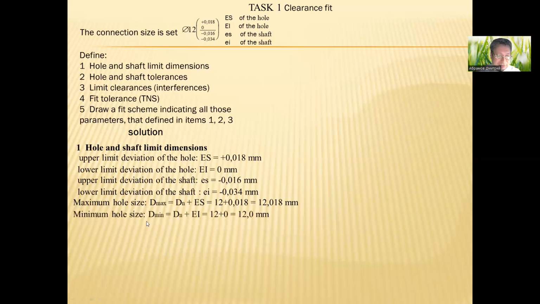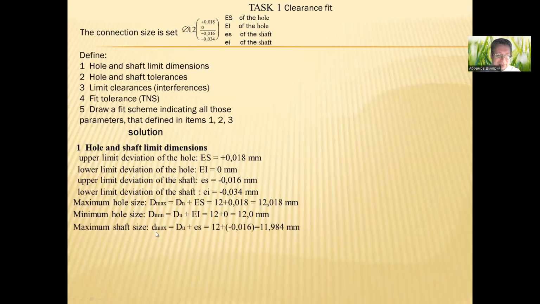Minimum hole size. D minimum is equal D nominal plus lower limit deviation of the hole, big EI. And we have 12 plus 0, big EI is equal 0, and we have 12 millimeters.